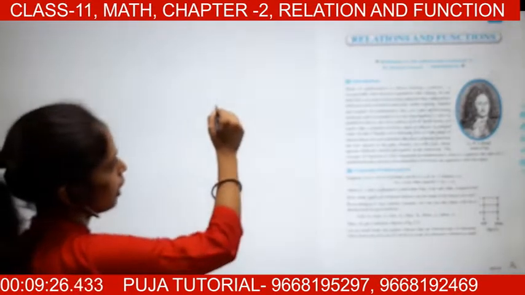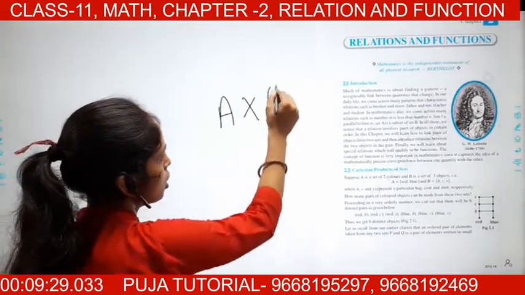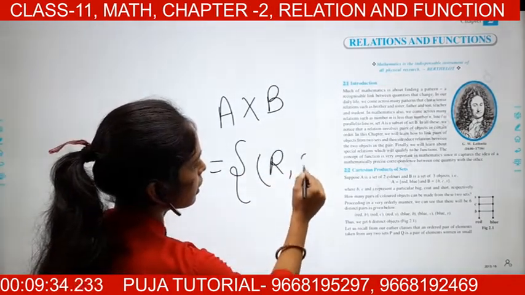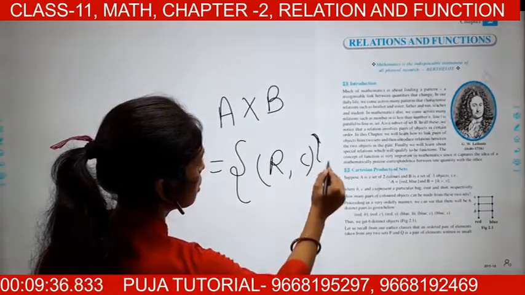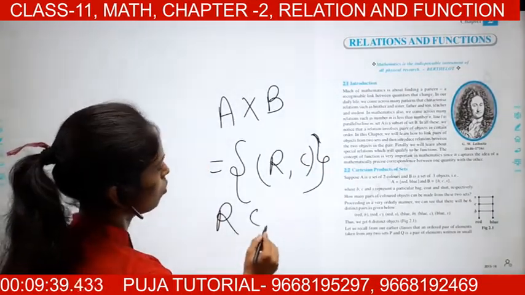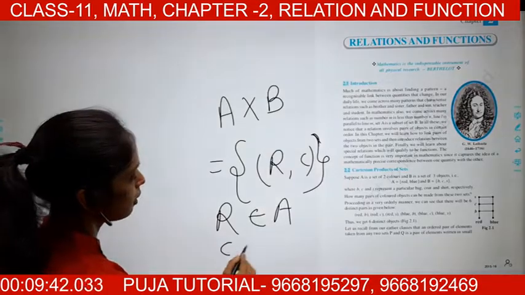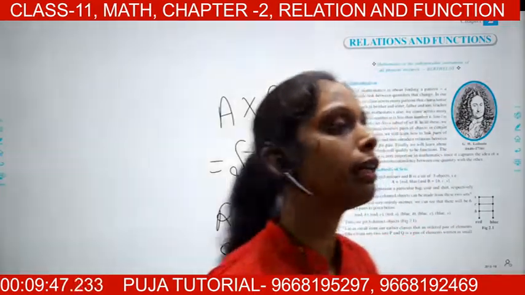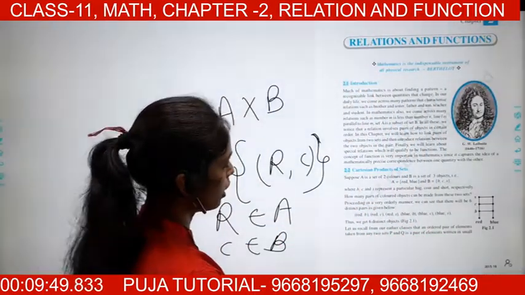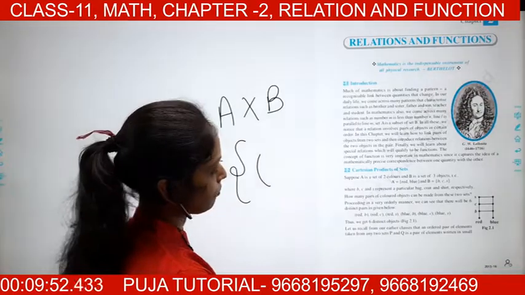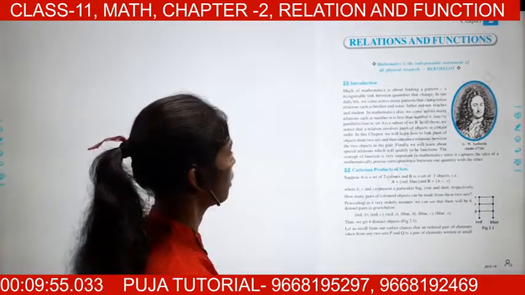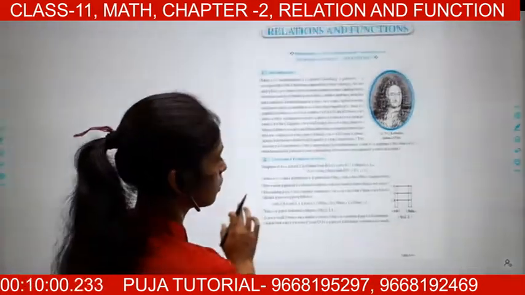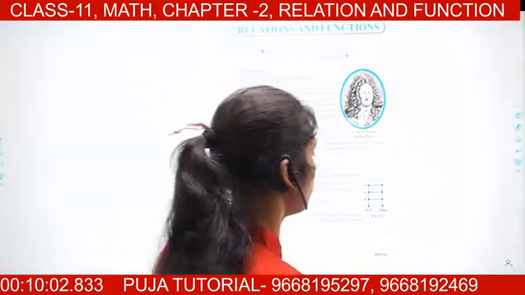If A cross B is equal to the ordered pair (R, C), it means R always belongs to A and C always belongs to B. It is a very important concept, and you have to understand it for practical life. This is the concept of the Cartesian product.